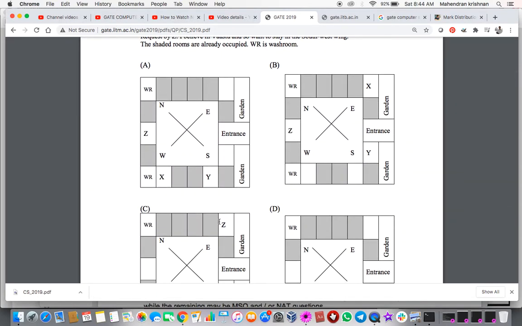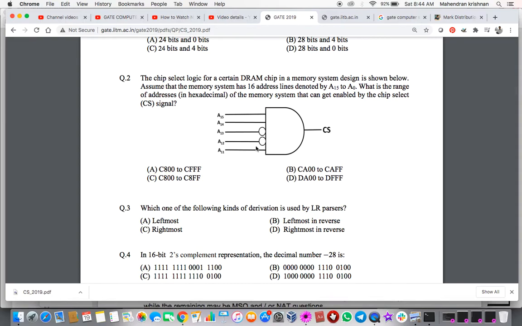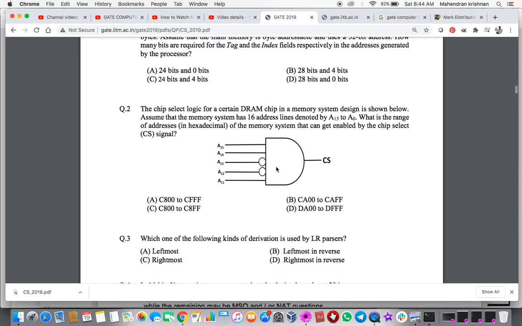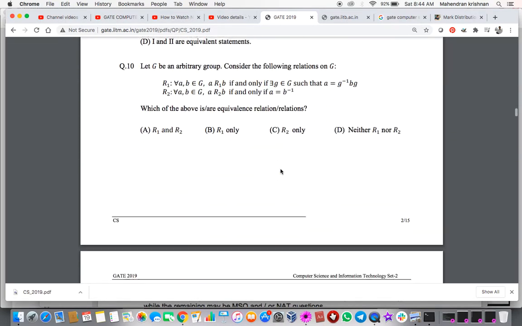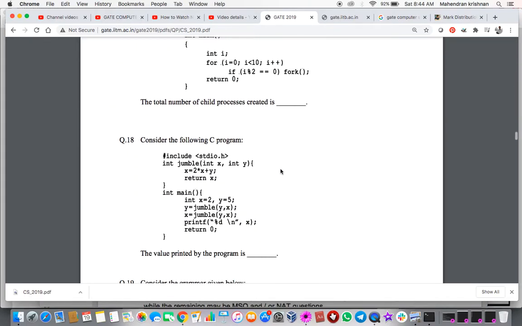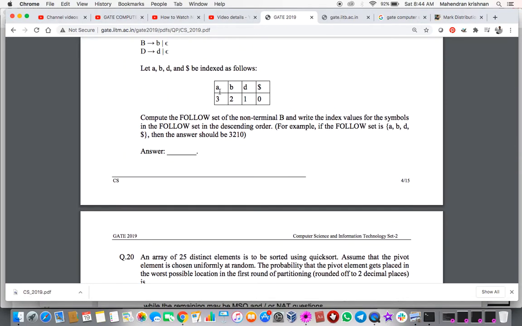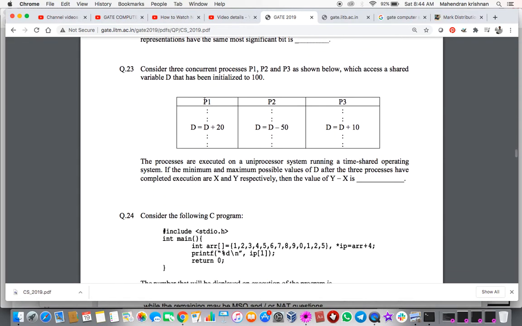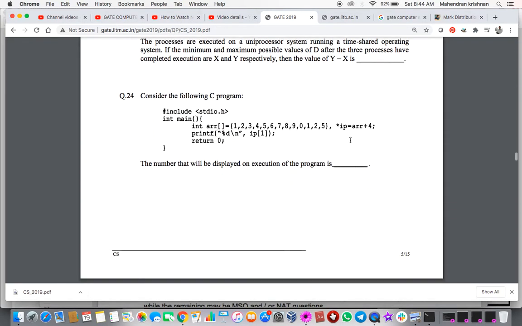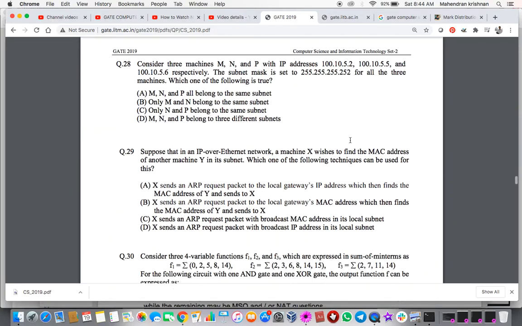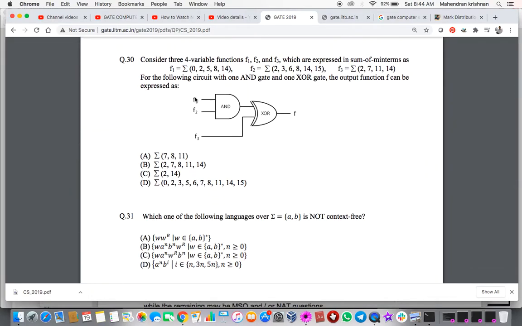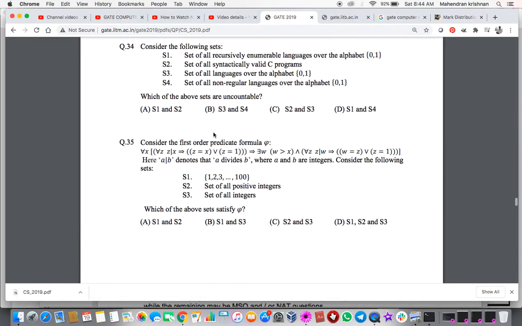This is a diagram based question. This is also a diagram based question. What else? This is also a diagram. Analysis and synthesis. Yeah, this is also a diagram based question.